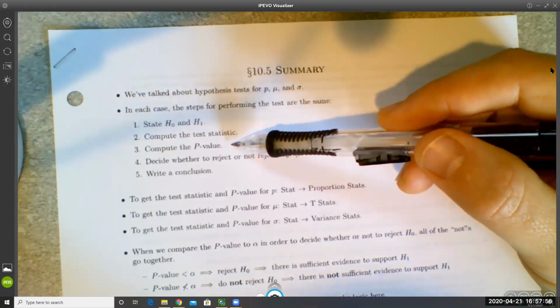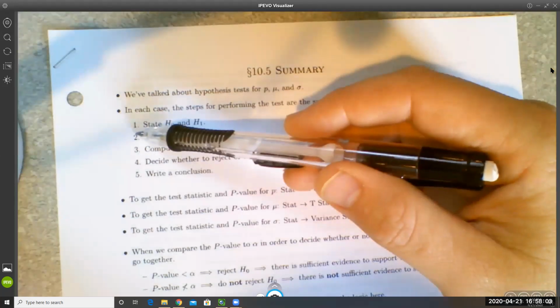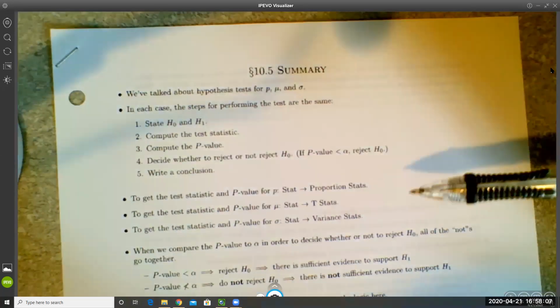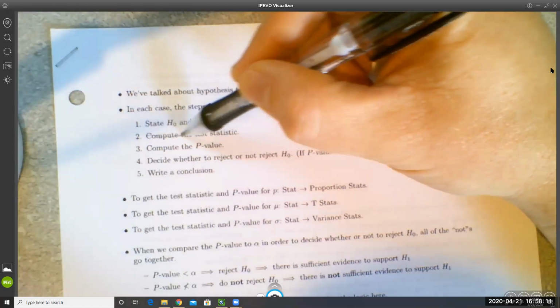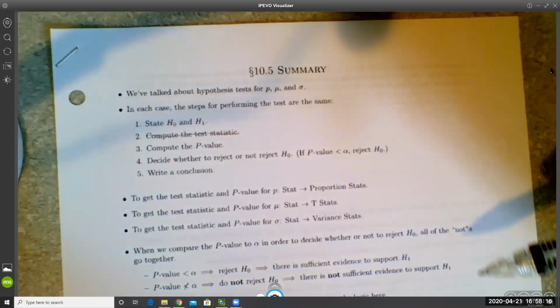However, if you're using StatCrunch, which we did in every case, then steps 2 and 3 are really done by StatCrunch at the same time. So you almost don't even have to worry about the test statistic so much. It's more the p-value. The p-value is what you're after.